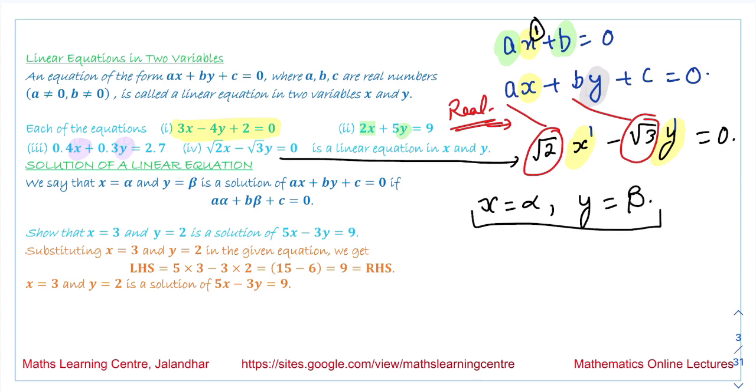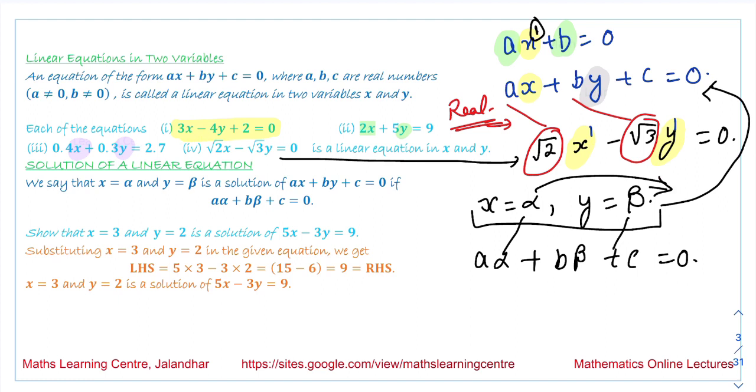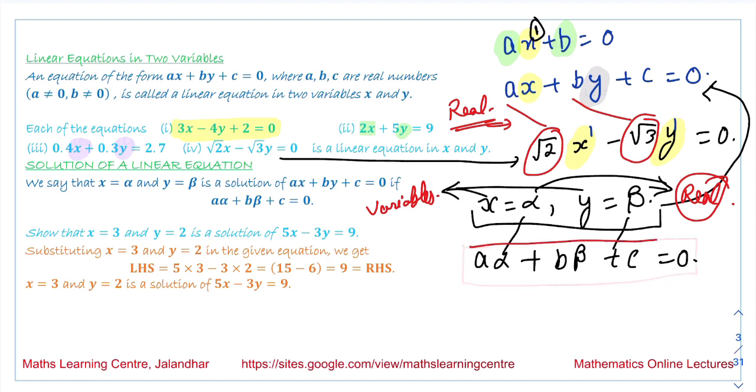If we substitute in this equation, in place of x we write alpha, that is a alpha plus b beta plus c, and it satisfies this equation, then x is equal to alpha and y is equal to beta is called the solution of the equation.